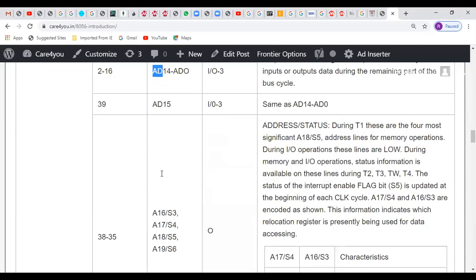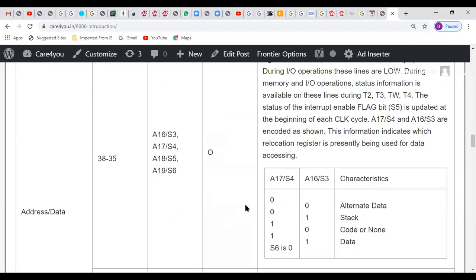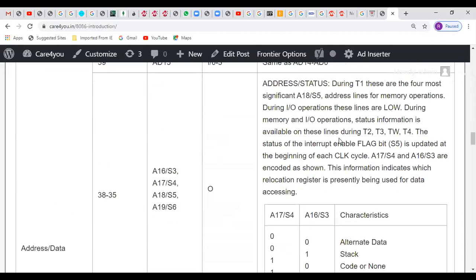Let us discuss the status lines, and these again are multiplexed. A16, address 16, address 17 and address 19. Now what is this purpose? If you look here, try to read these lines.